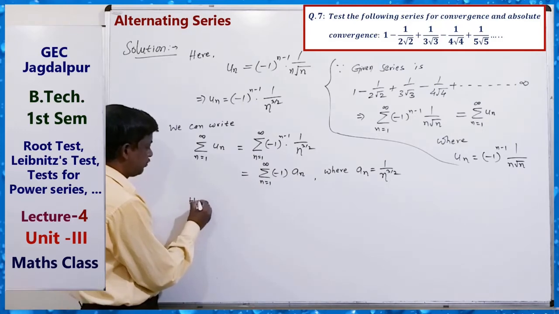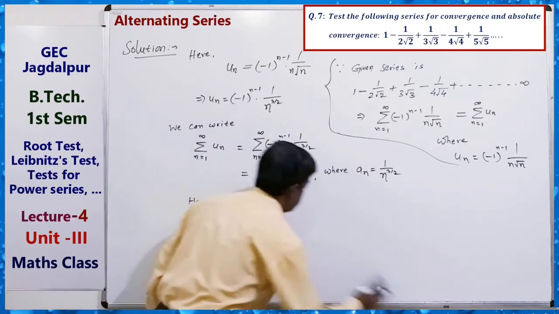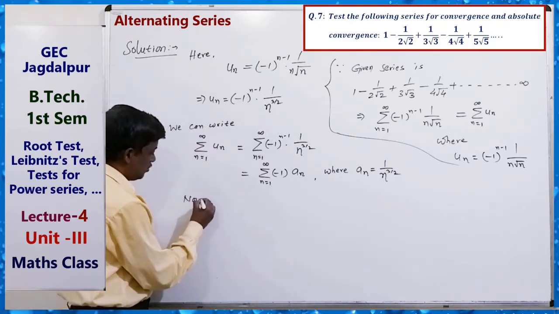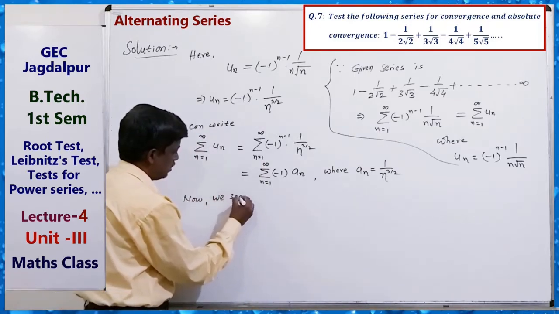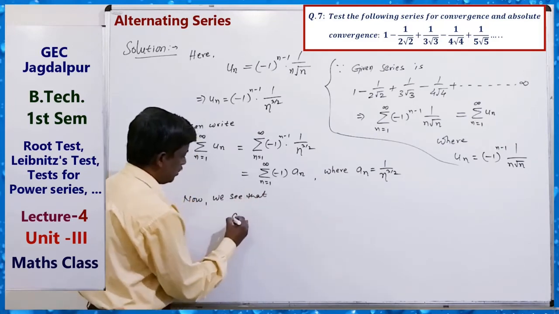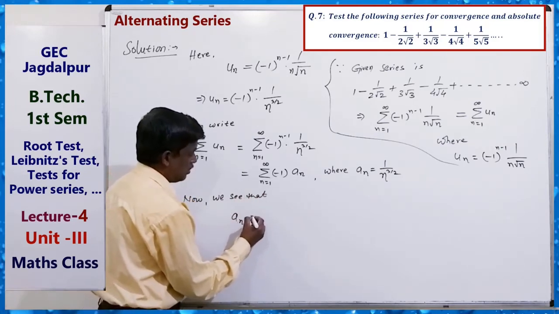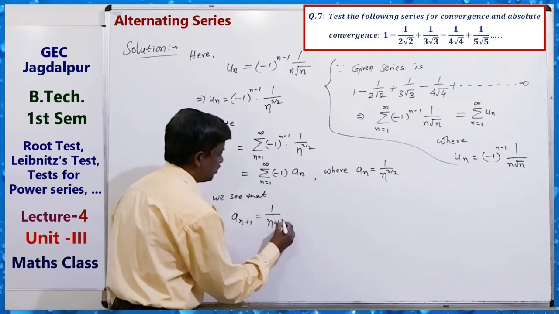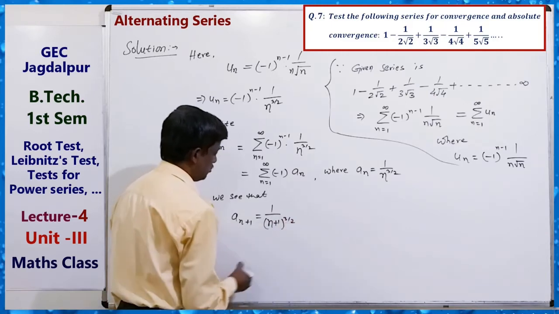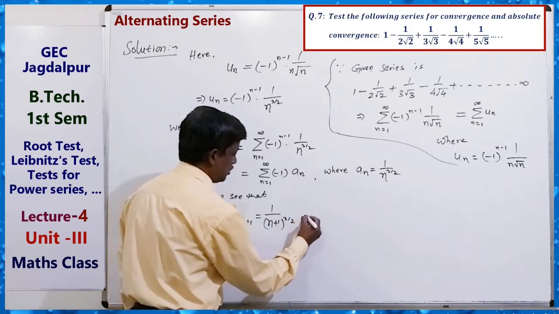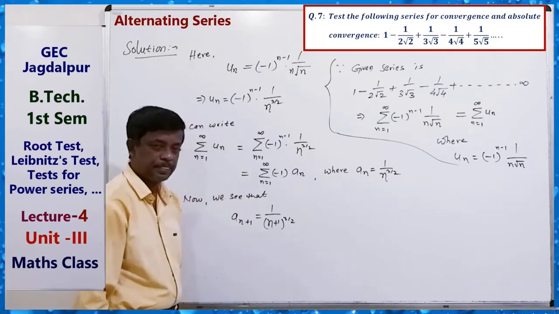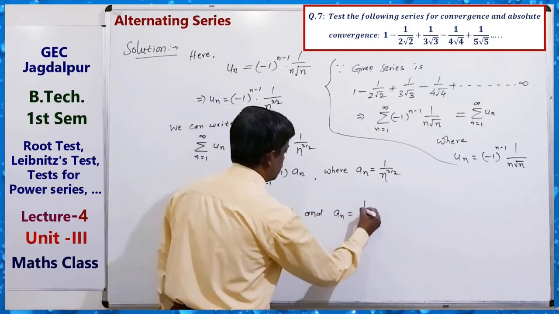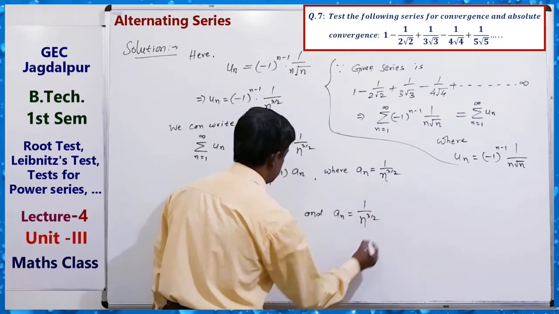Now we see that a(n+1) equals 1 upon (n+1) power 3 by 2, and an equals 1 upon n to the power 3 by 2.